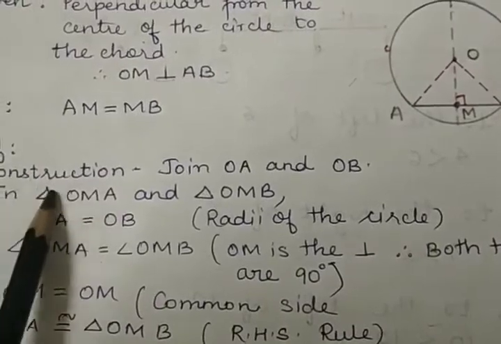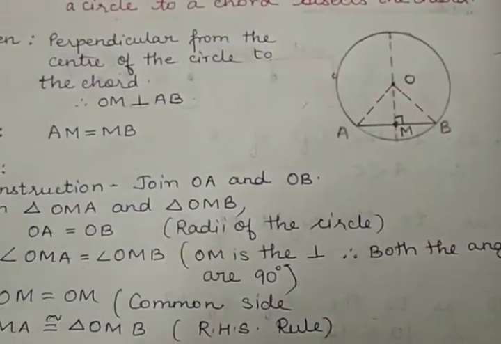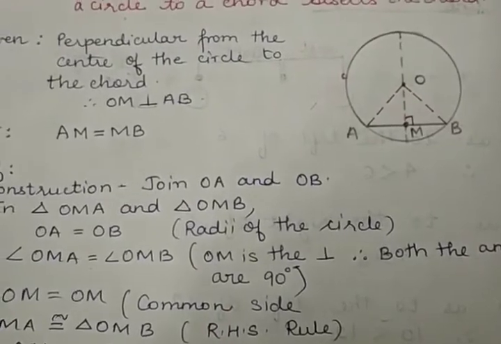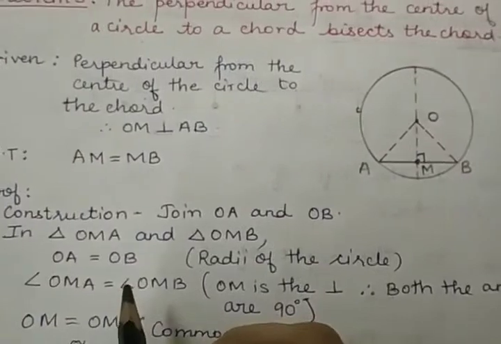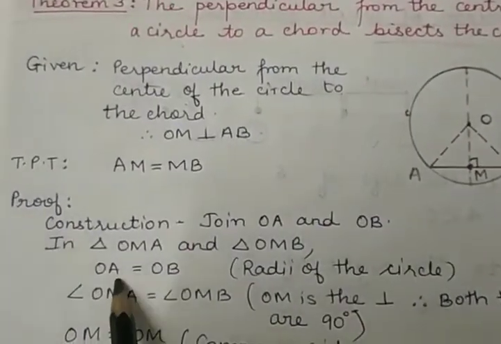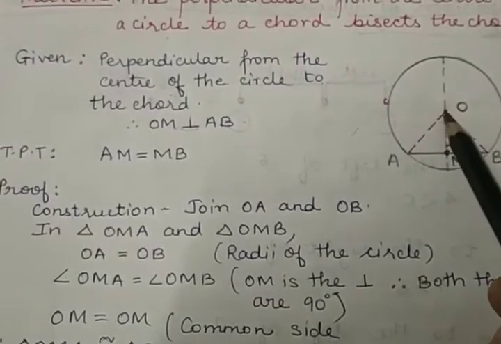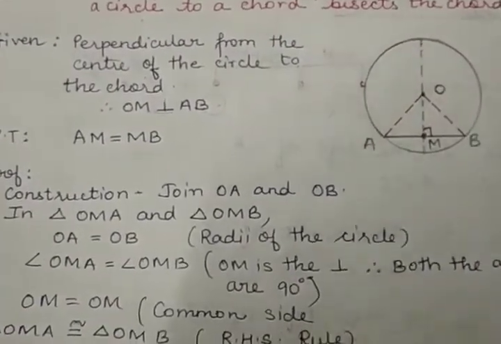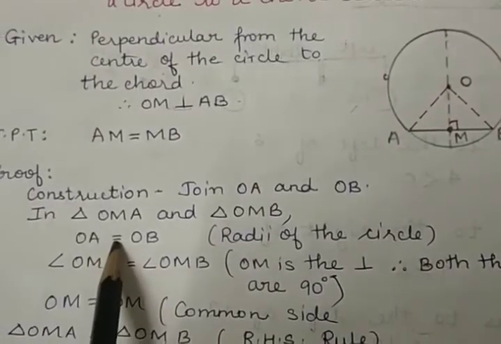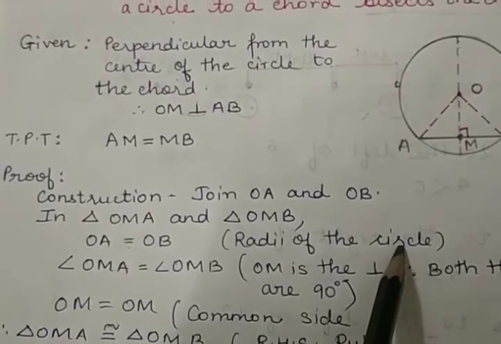Let us consider triangles OMA and OMB. Here, OA is equal to OB. Why? Because they are the radii of the circle, correct? OA is a radius as well as OB is a radius, so they have to be equal.